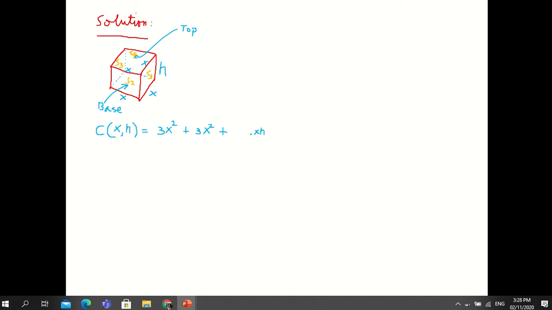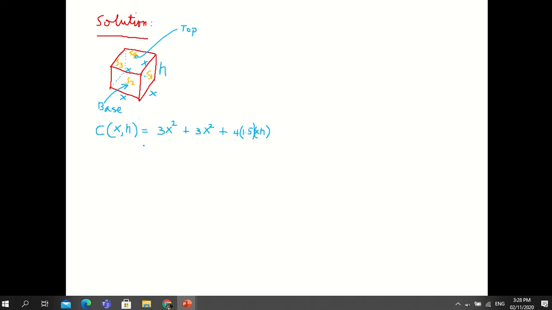Then multiply this by the cost of the side, which is 1.5 cents per square inch. But there are 4 sides, right? We have side 1, side 2, side 3, side 4. So therefore we have to multiply this by 4. So 4 times 1.5 times x times h.